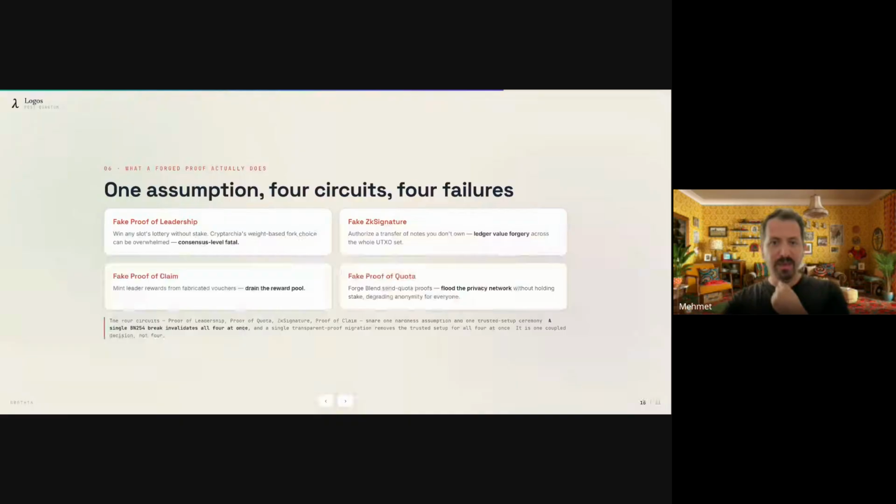And we use that proofs for other purposes. And if that proofs are broken, an attacker can fake the proof of leadership and proof of claim and proof of quota and the zero knowledge signatures. And actually, as you see, this is a really big problem for us.